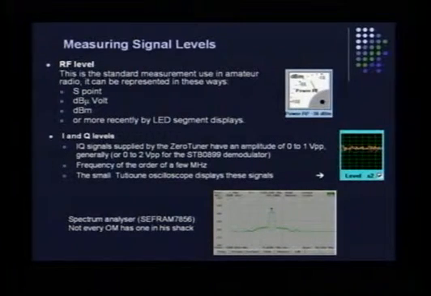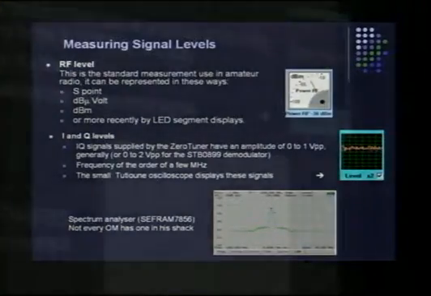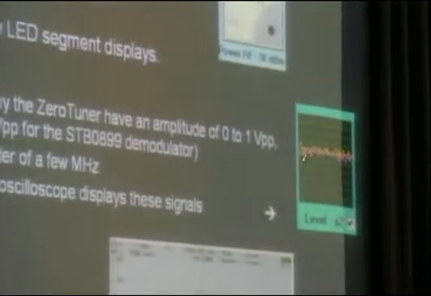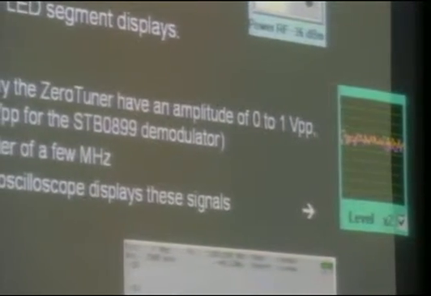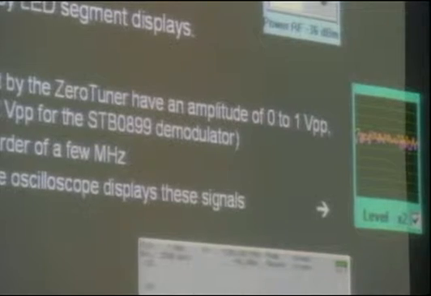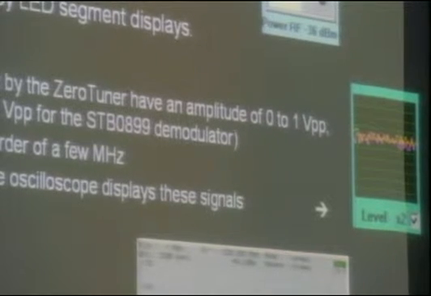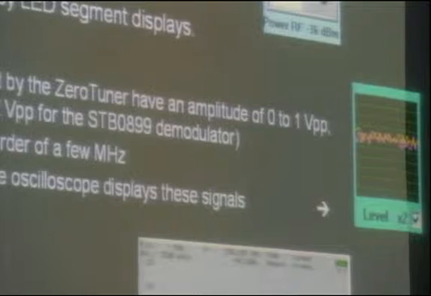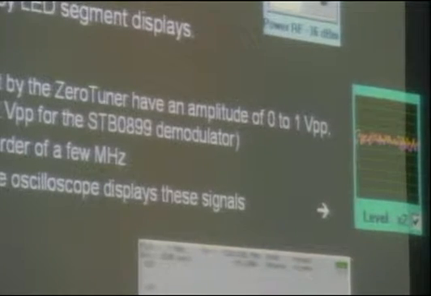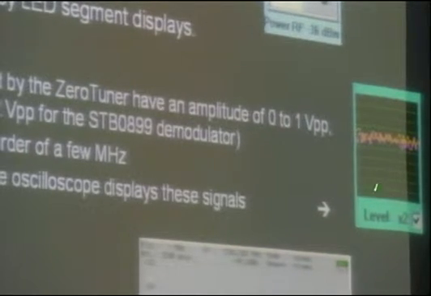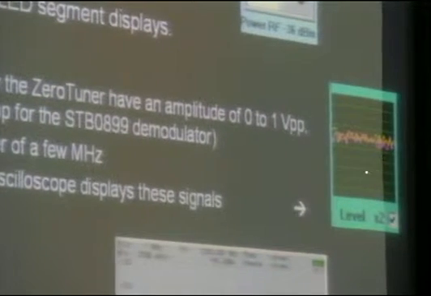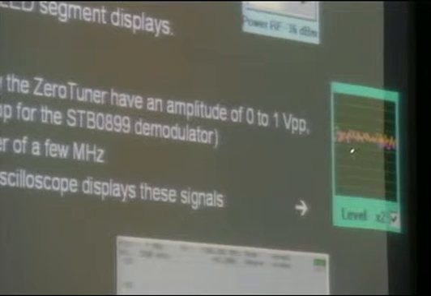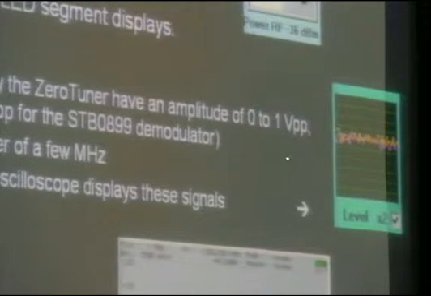So I have added a little oscilloscope to see IQ. There is a color for I and a color for Q. And this can help when you want to set up your DigiLite rig, using the oscilloscope and using other information about IQ.